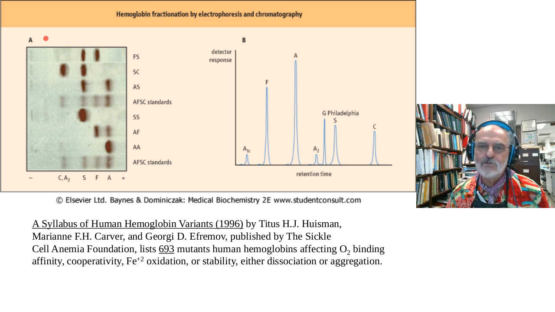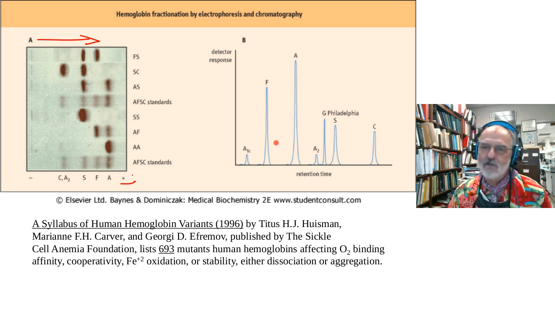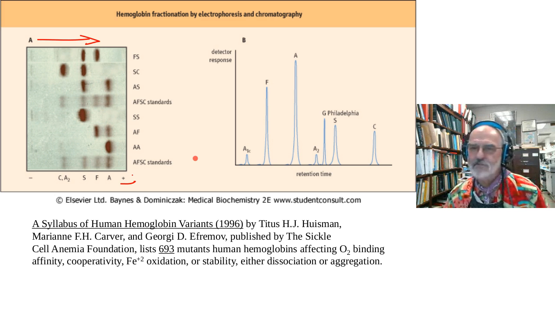Notice the migration here is in this direction. The positive pole is here, okay? And then here's AS, here's SC, and here's FS. All right, and so you can actually diagnose somebody by just looking at this. This is a gel. You can also do these on various chromatography devices, and you can resolve these same mutations.